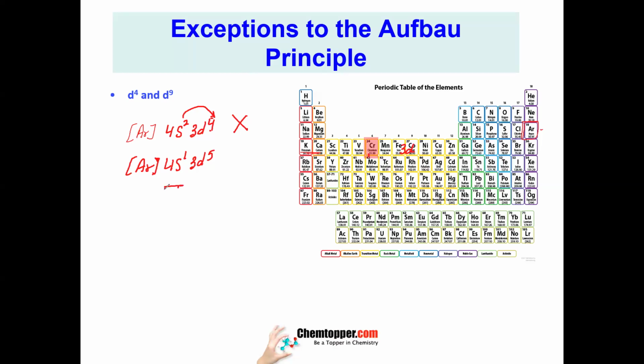What is the reason? Electron jumps from 4s to 3d. Why? To get extra stable, exactly half filled d orbitals. In this manner, you are getting extra stable d orbitals because there are 5 of such orbitals. So stability is more because the electron is free to move in any one of them.